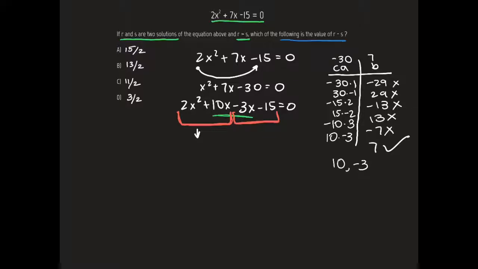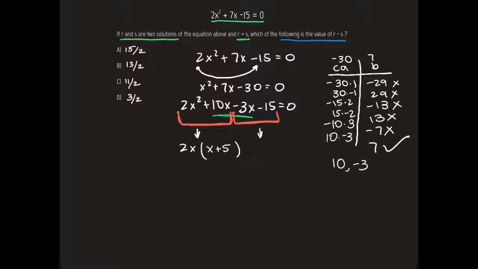That'll be 2x. 2x times x will get us 2x squared, so x, and 2x times 5 will get us 10x, so x plus 5. That's our first group.